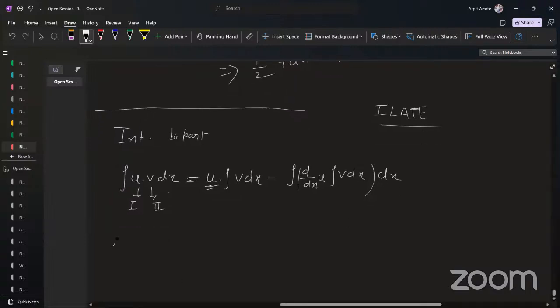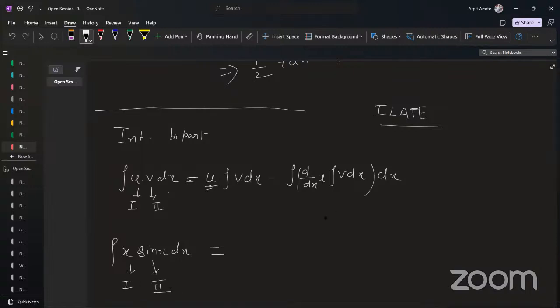Suppose you have the integration of x sin x dx. I am taking x as the first function and sin x as the second function. I will give you the rule for deciding this later.